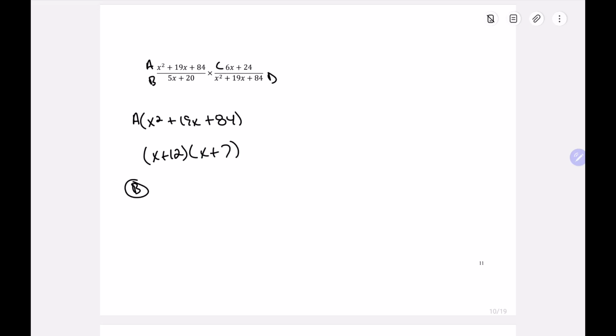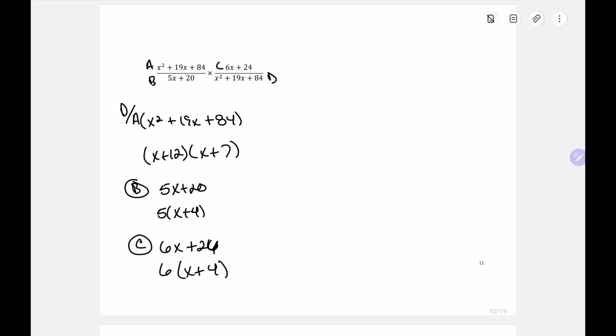For b, if we pull out a 5, we would be left with an x plus 4. For c, if we pull out a 6, we are left with an x plus 4. And for d, it is the same as a, so we don't have to worry about doing that one again.